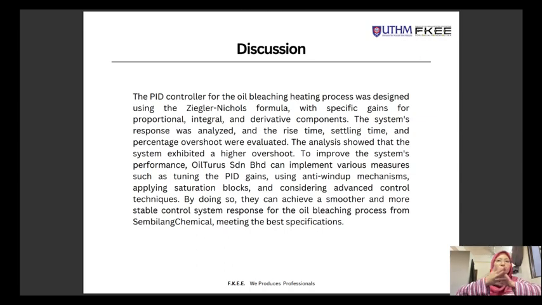And then for this system, the set point was set to 16 degrees Celsius with an initial temperature of 28 degrees Celsius.